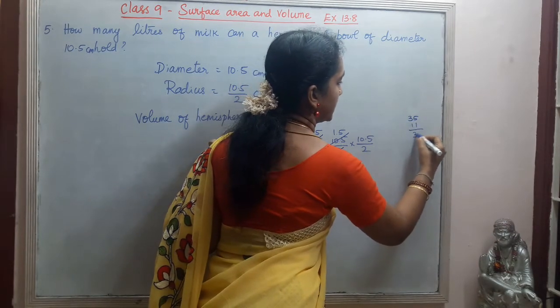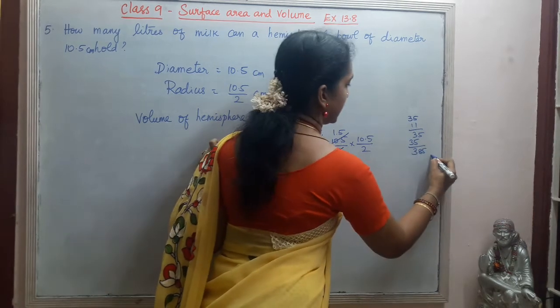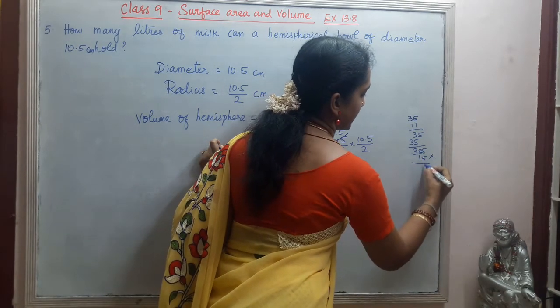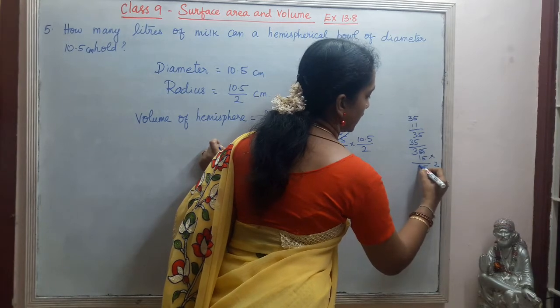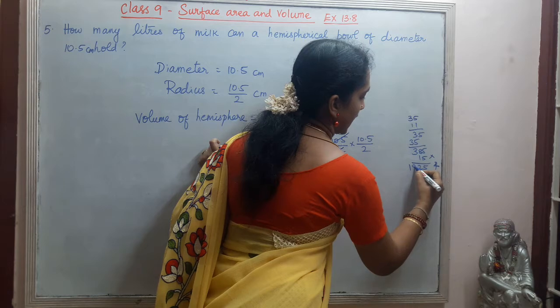35 into 11, so 385 will come into 15. 5 5s are 25, 8 5s are 40 plus 2, 42. 5 3s are 15 plus 4, 19.